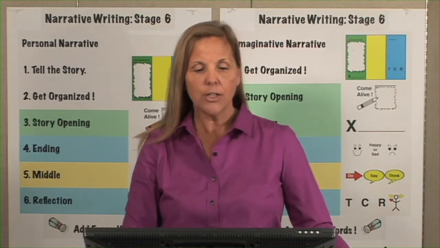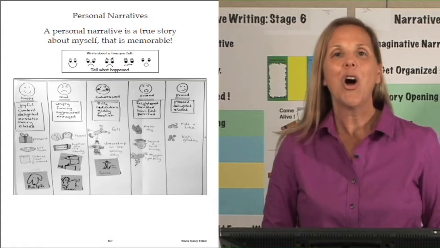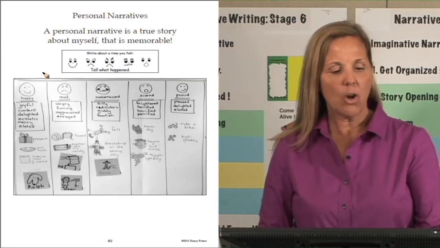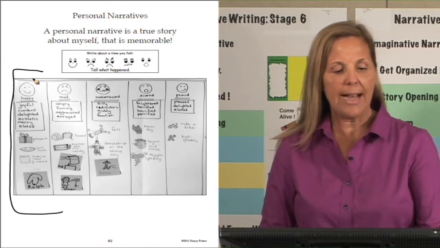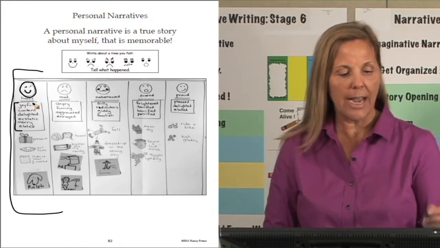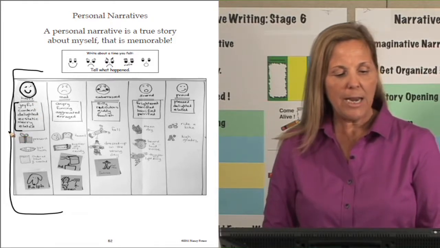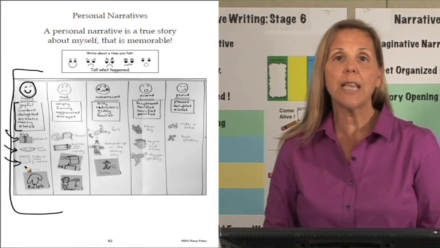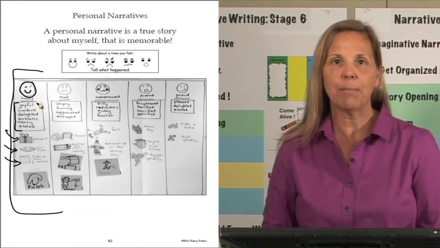Let's go back to page 52. On page 52 is our chart in which we have different emotion faces, like this is our happy face, with words that mean happy: joyful, exuberant, delighted. And then we have pictures of various different stories in which things happened that made that person happy.